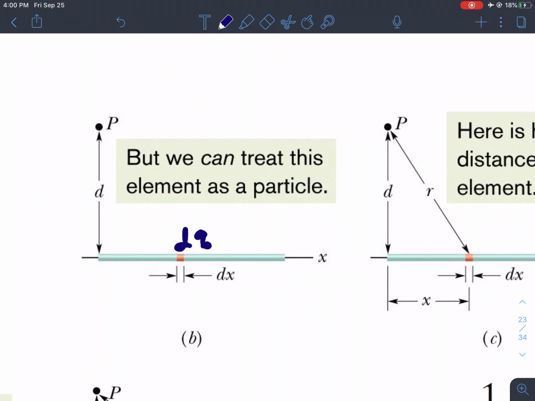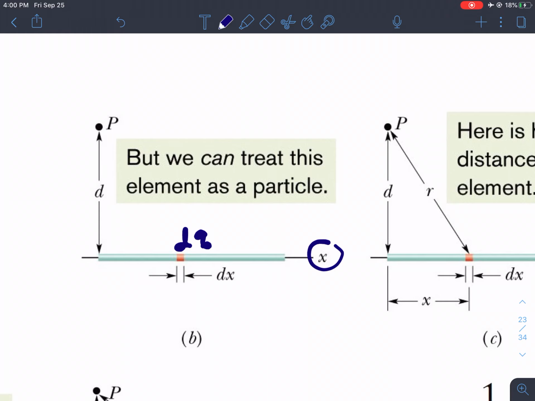That dq has a length of dx because it's on the x-axis. Once again, just like we did in the electric field, you don't take it from the beginning, the ends, or the middle. You want to choose an arbitrary point so that you can find the general geometry and use it for any point.